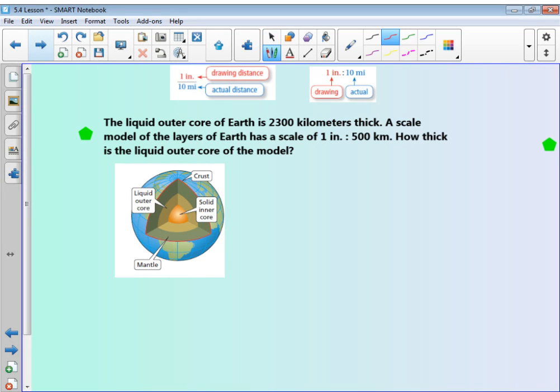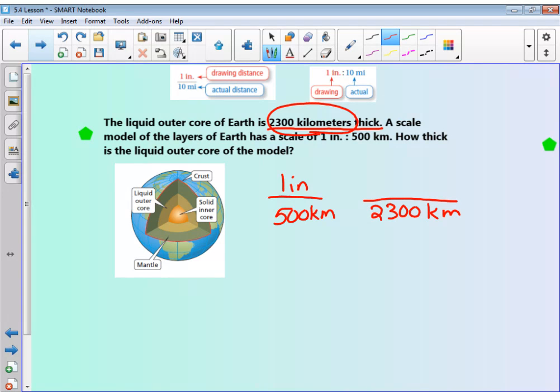Our scale was for every 1 inch that we do in the model, that's the same as 500 kilometers in real life. So the third piece of information is the liquid outer core of the Earth is 2,300 kilometers thick. Matching labels, this is the actual distance. Actual distance is on the bottom, 2,300 kilometers.